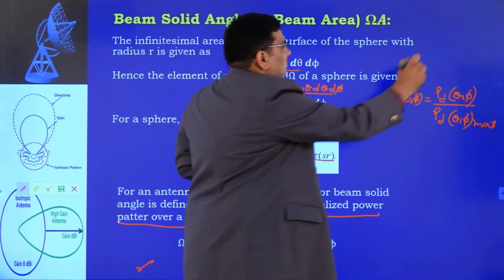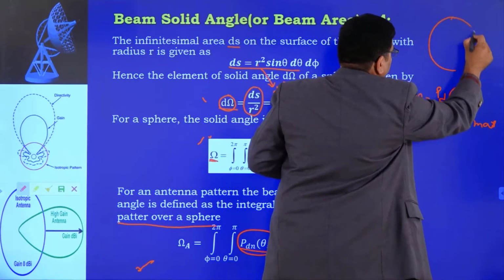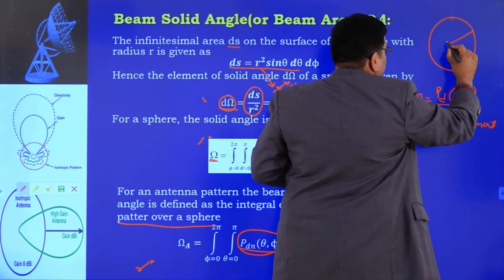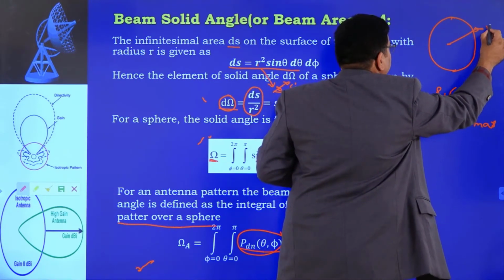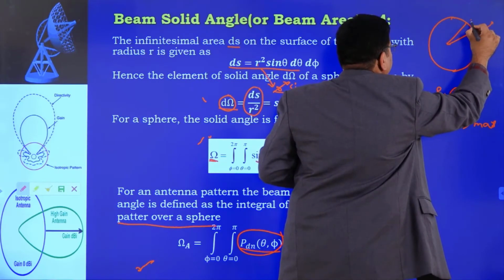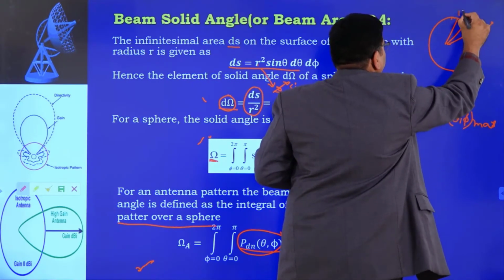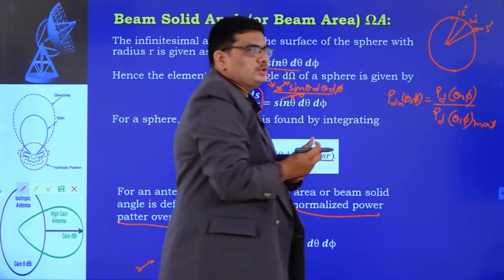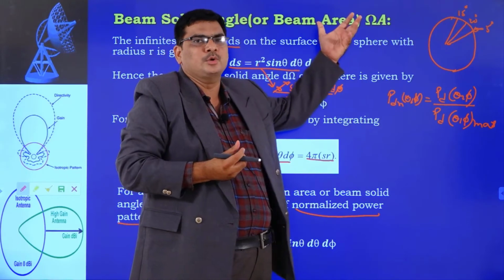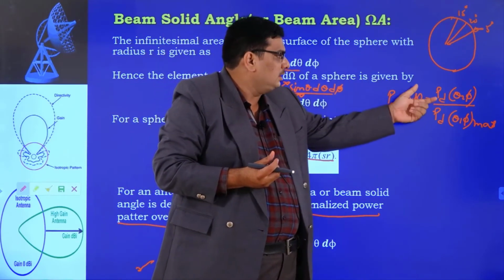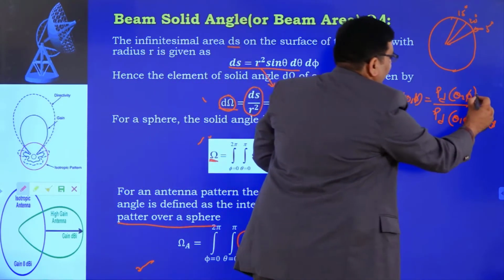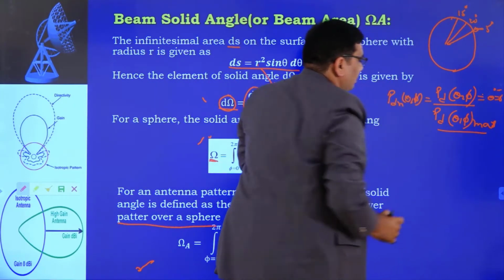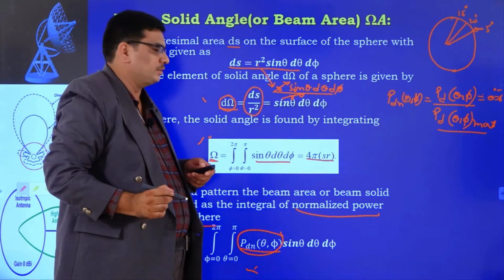Suppose you take a circle, at theta equal to 5 degrees we get some value, at theta equal to 10 degrees we get some value, at theta equal to 15 we get some value. If you tabulate all these values, somewhere you get the maximum value. The value at theta equal to 5 degrees divided by the maximum value is called your normalized value.